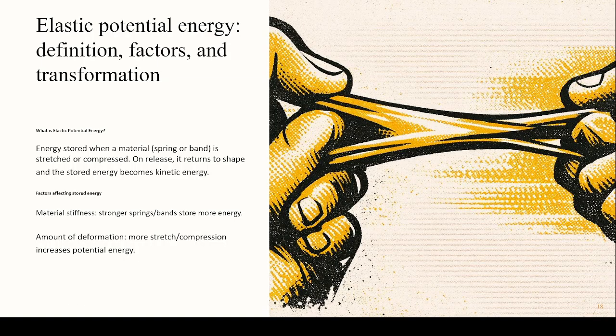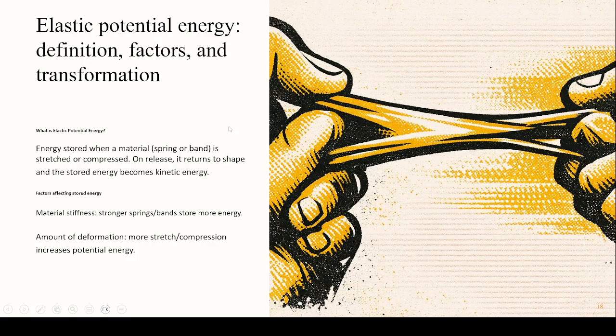Maybe you would have seen a tough rubber, when it's very tight, it can push objects further. The other is the force which you apply. So more stretch or more compression will mean more potential energy.